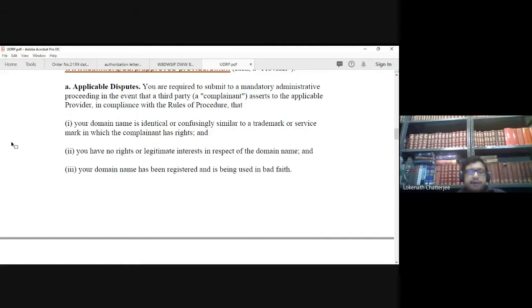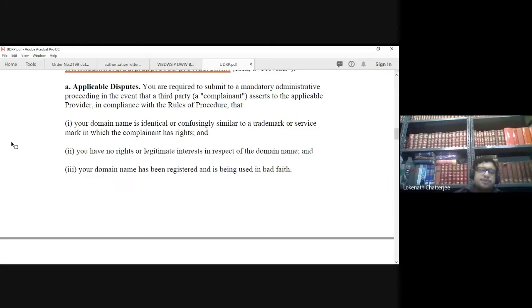Now the second is it has to be similar to the trademark or service mark in which the complainant has rights, and you have no rights or legitimate interests in respect of the domain name.